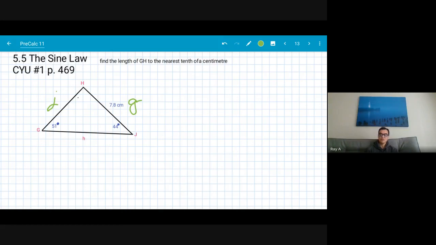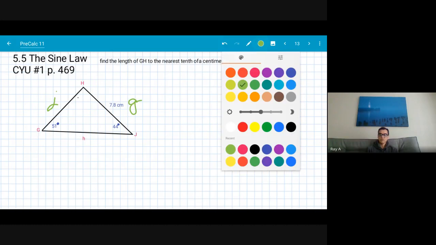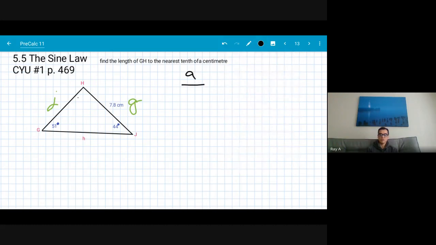So how does the sine law look? A over sine A equals B over sine B equals C over sine C. Let's just change the letters.